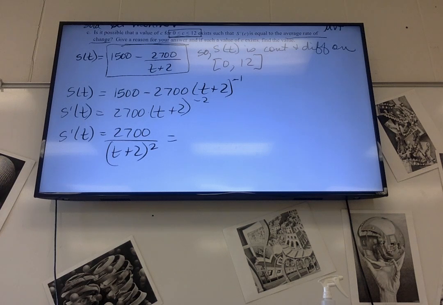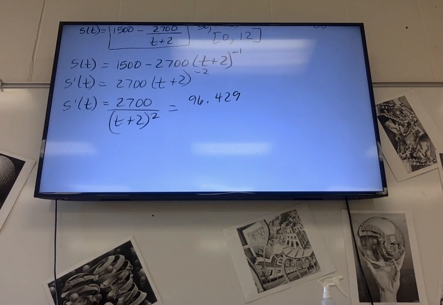So that is equal to 96.429, the average from the last problem. Okay, cross multiply. I get 2700, divide by the 96.429.